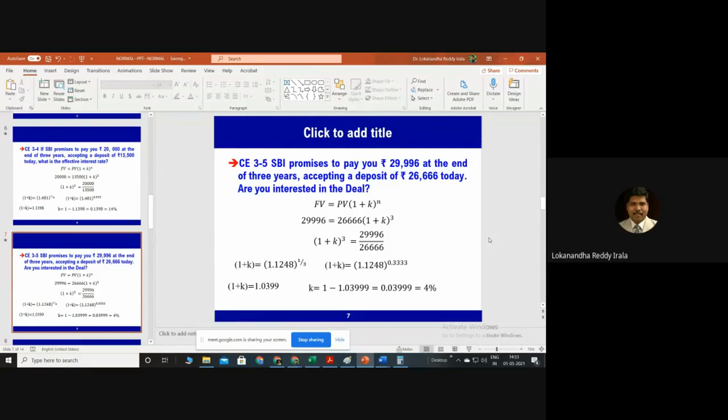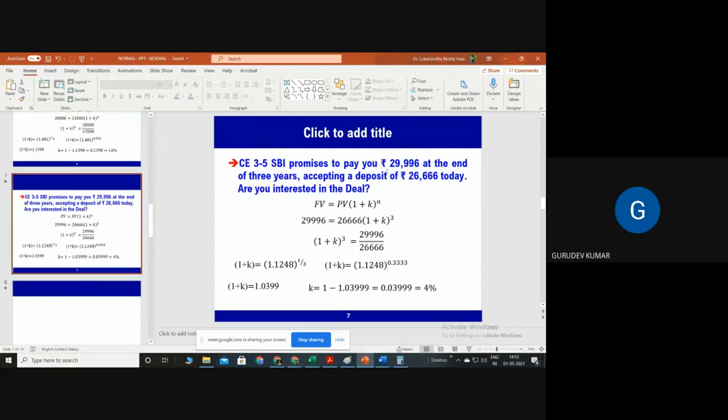Others? Are you interested in this deal? That means if you have 30,000 with you, will you go and deposit it in SBI? Yeah, 4,000 only after 3 years. Pardon? 3,300 return after 3 years, right?